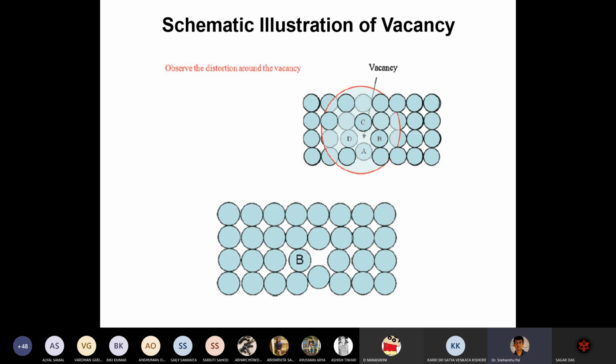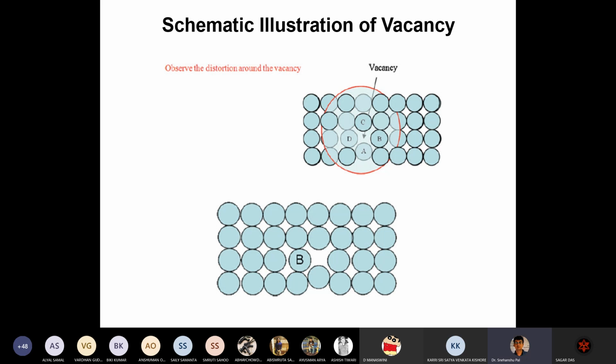If you see in the picture, one atom is missing, or there is a deletion of an atom or missing of an atom in the periodic arrangement, that leads to a vacancy. And when there is a vacancy, you can see there is a distortion. If you look at atoms A, B, C, D around the vacancy, you will see one kind of distortion.